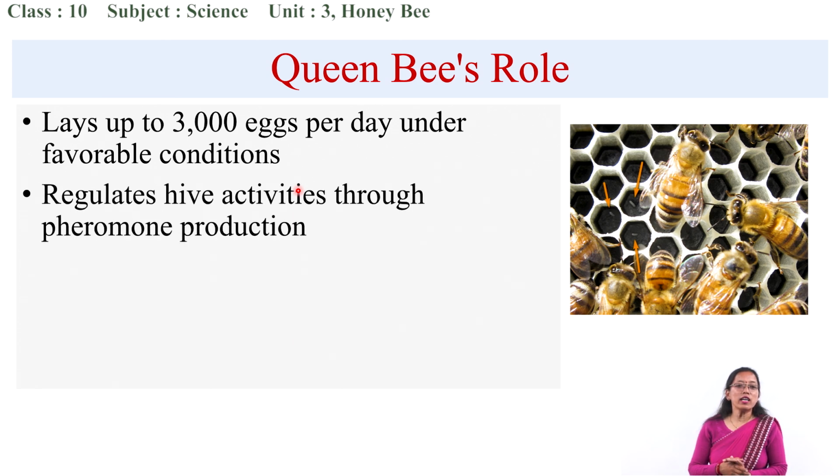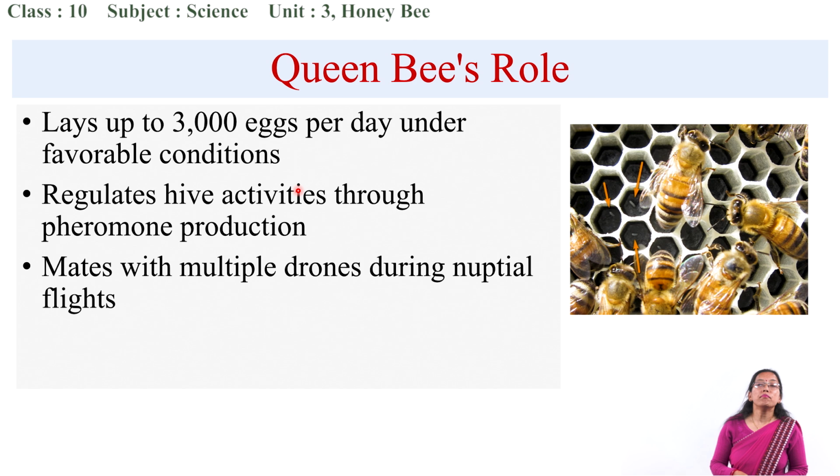Next, it regulates hive activities through pheromone production. That means it controls and coordinates the bees, decides what should be done in the colony, in the hive, and gives direction to all the other bees.